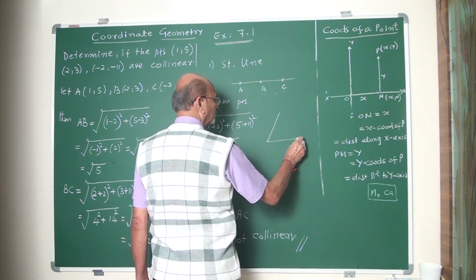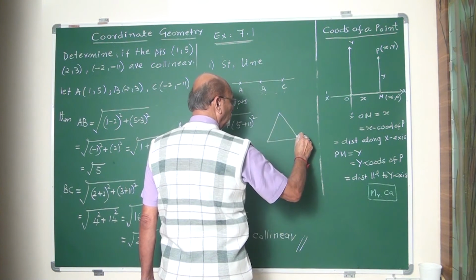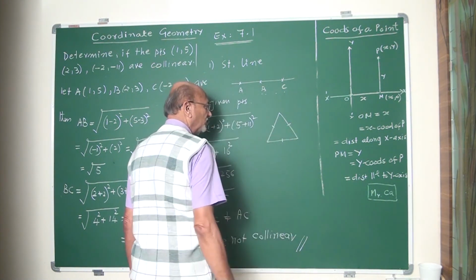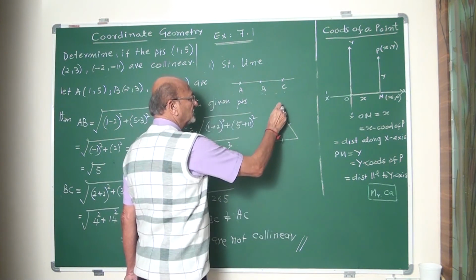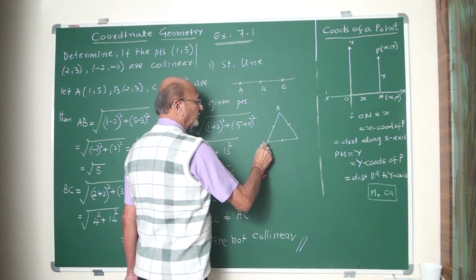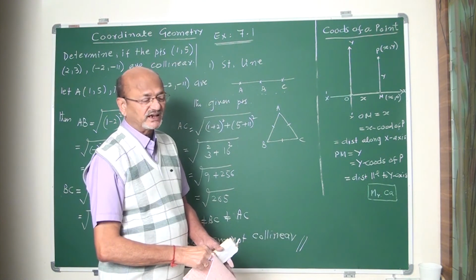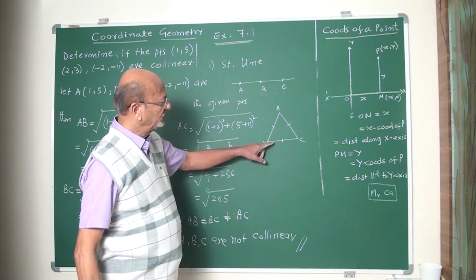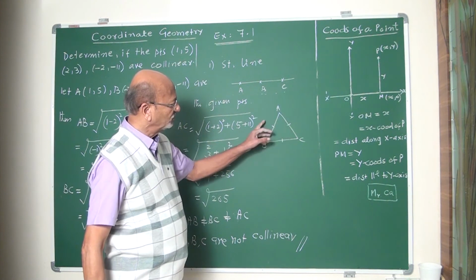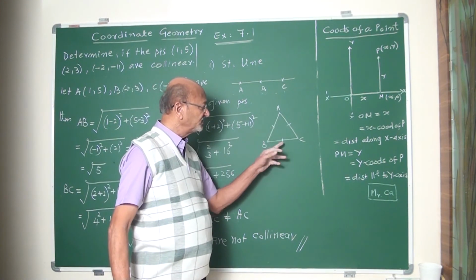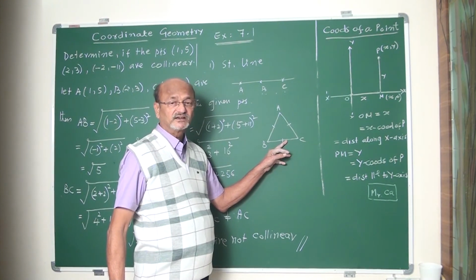In a triangle, you have to find all three sides AB, BC, CA. If all three sides are equal, it is an equilateral triangle.